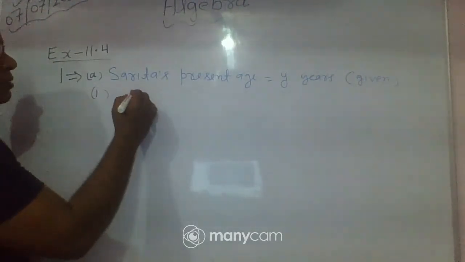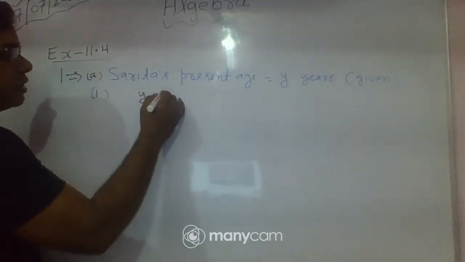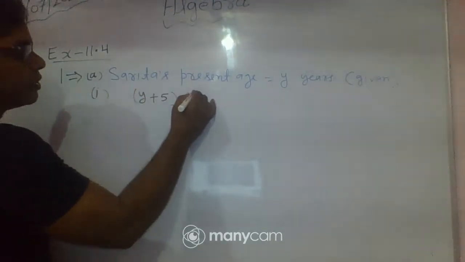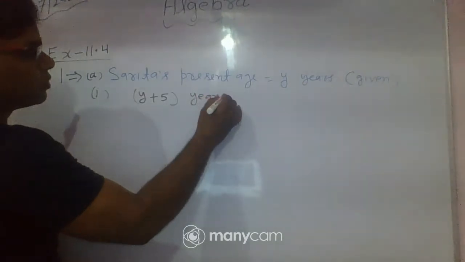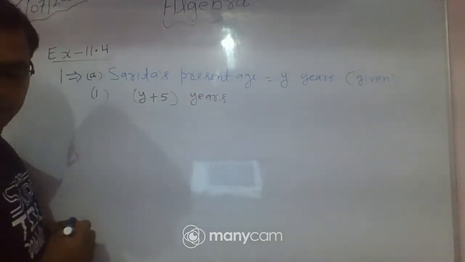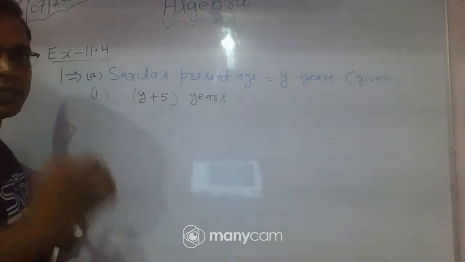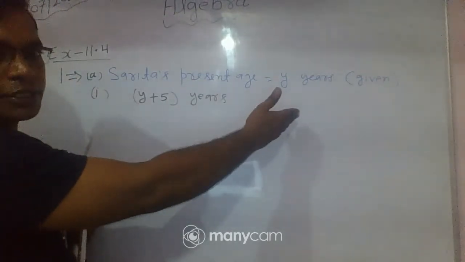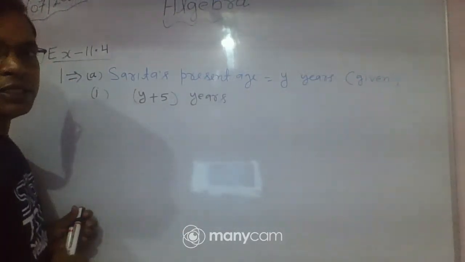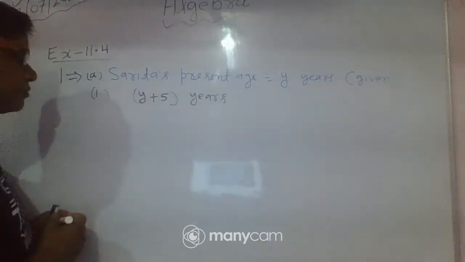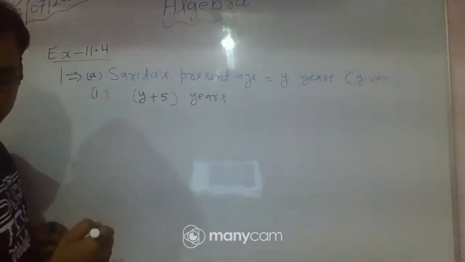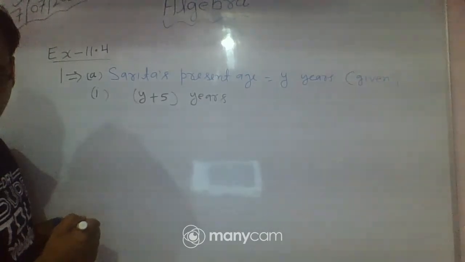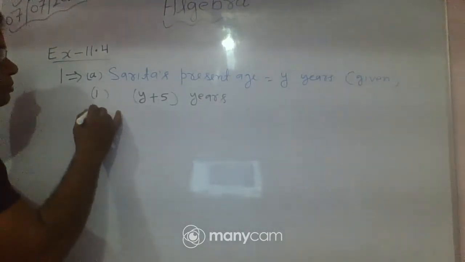So it becomes y plus 5. Sarita's age after 5 years is y plus 5 years, because it is given that Sarita's present age is y years. Second part: what was her age 3 years back?